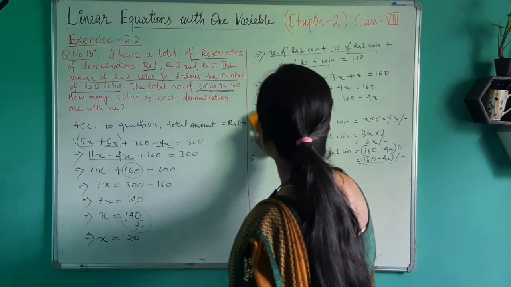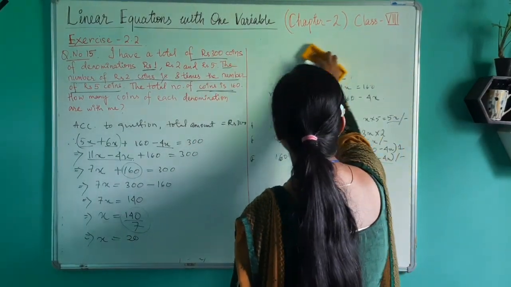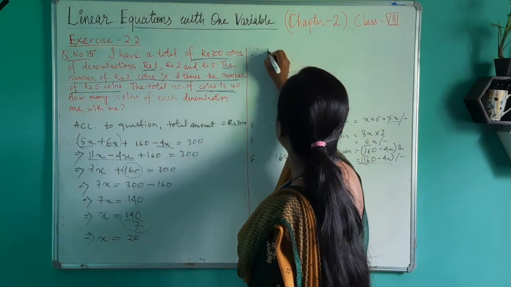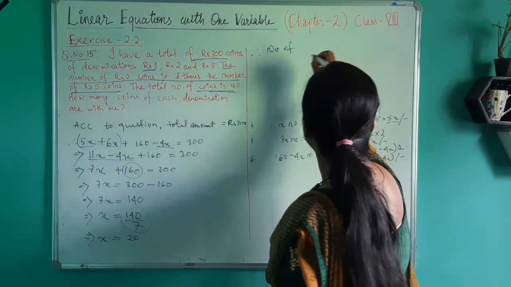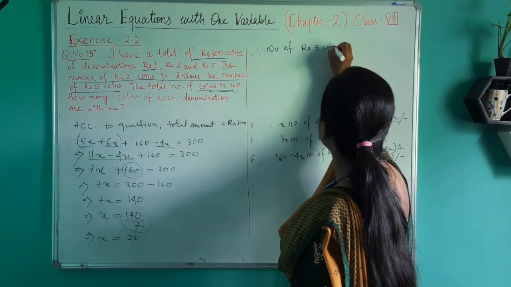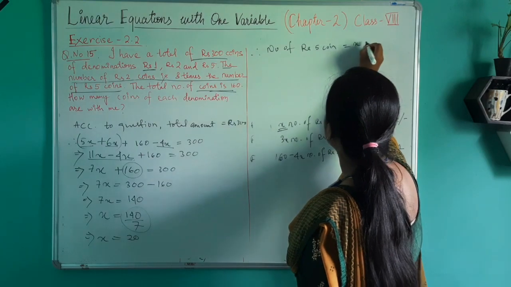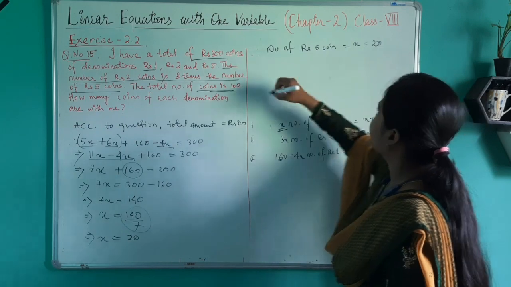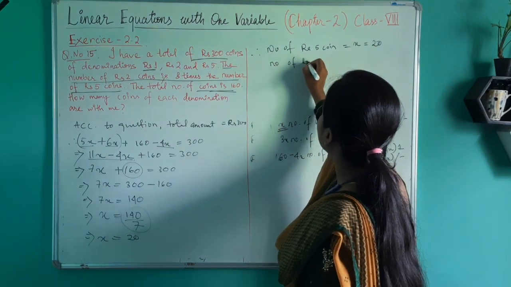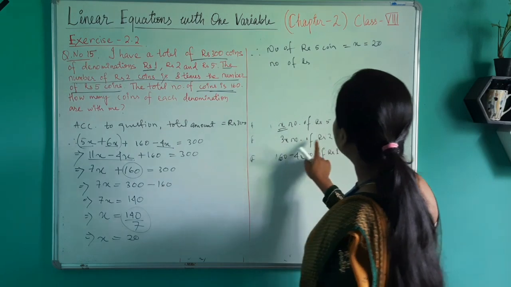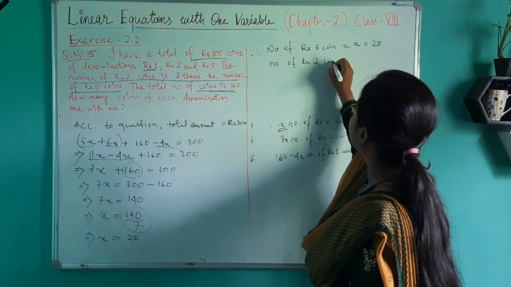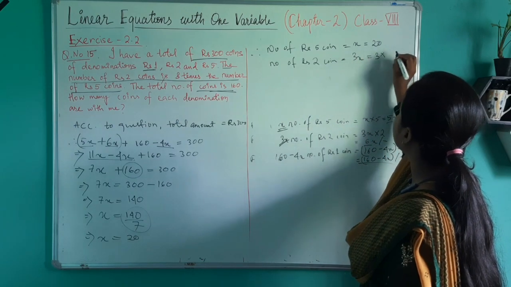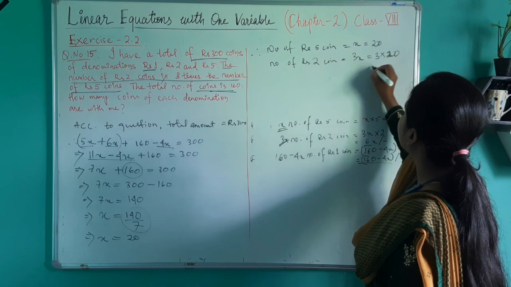Therefore, the number of 5 rupee coins, which we considered as x, is 20, since the value of x is 20. Similarly, the number of 2 rupee coins, which we considered as 3x, is 3 into 20, equal to 60.